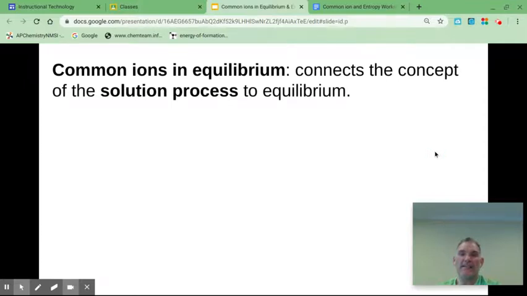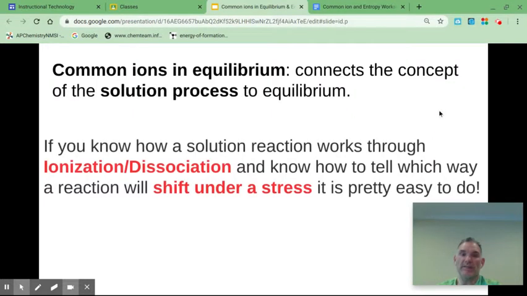Common ions in equilibrium connects the concept of the solution process to equilibrium. So what does this mean? If you know how a solution reaction works through ionization or dissociation, and you know how to tell which way a reaction will shift under a stress, it's pretty easy to do.